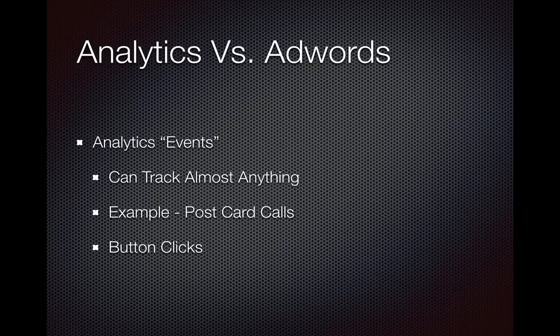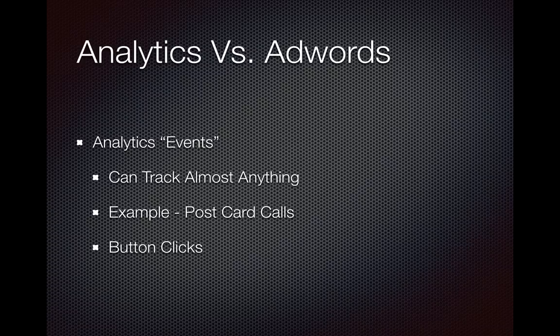If you look at the analytics option versus using AdWords, with analytics, you can track anything as an event. And this would include something like a postcard. So if you use CallFire or some other calling service that allows you to push data to Google Analytics, that is kind of the key requirement.